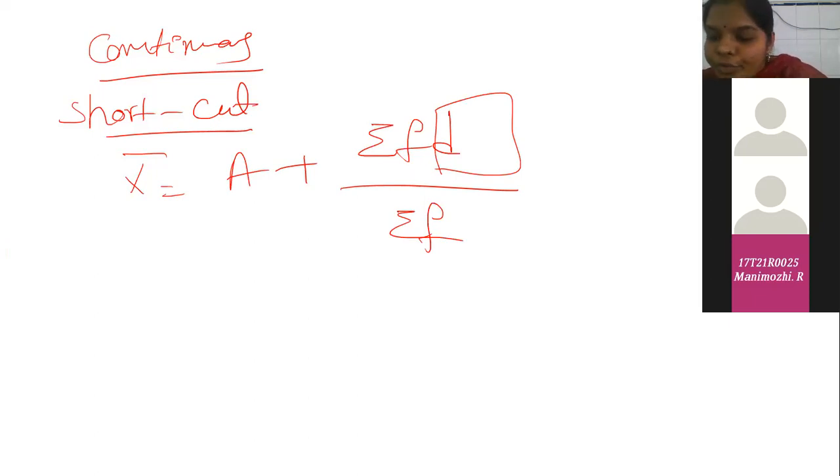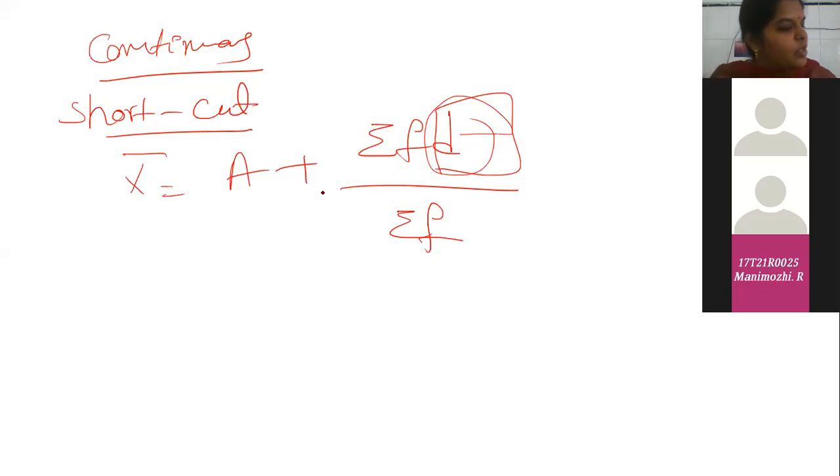If you want to find out the arithmetic mean by the use of shortcut method for a discrete series or a continuous series, we need to calculate what? Small deviation d. Small d is nothing but the deviations from our variables which are present in the data. Am I right? Yes, ma'am.